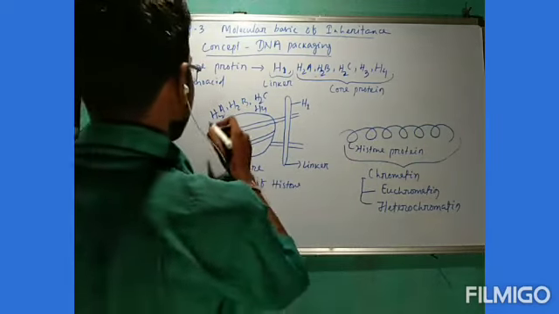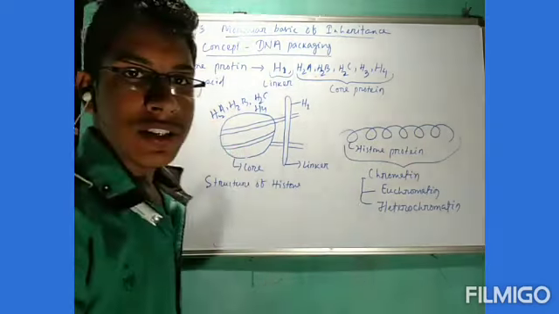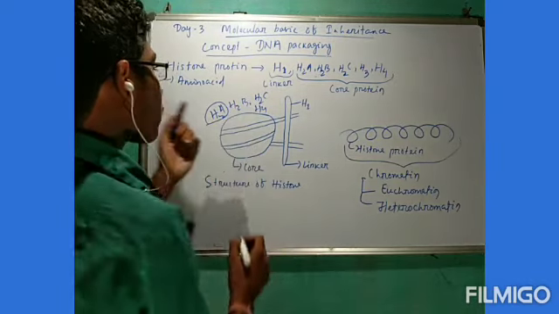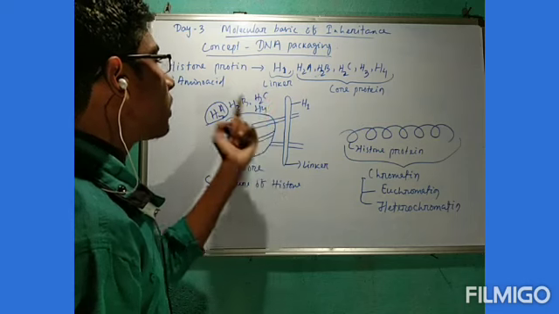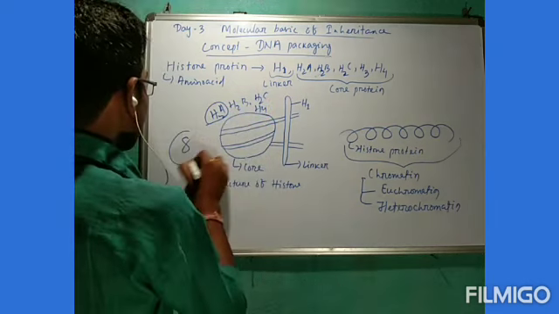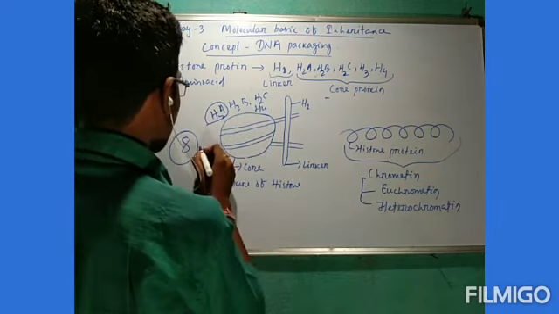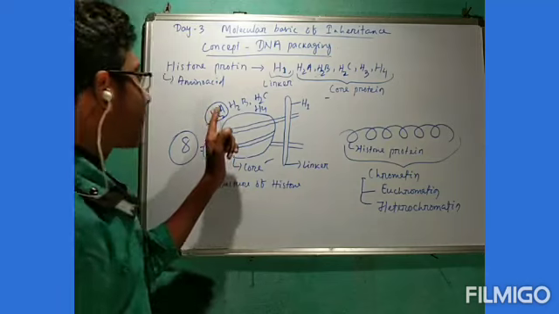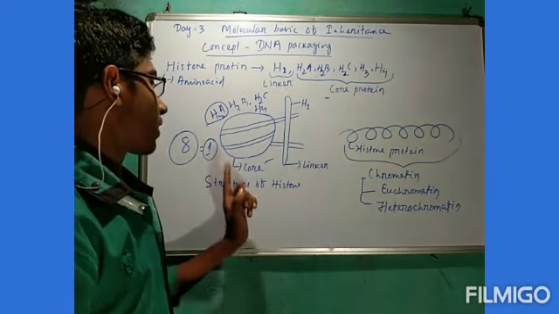The core proteins are present pairwise. That means 2 H2A, 2 H2B, 2 H3 and 2 H4 proteins are present, so 8 core histone proteins make 1 histone core.